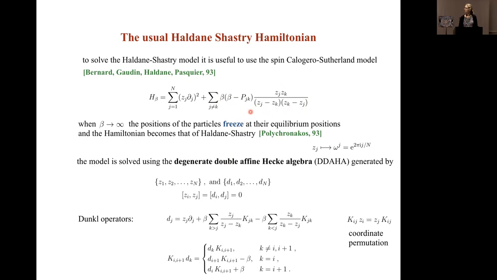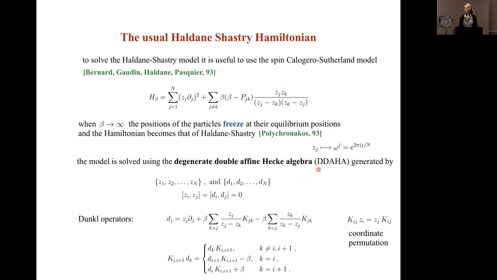And how is this model solved? You use this double affine Hecke algebra when you send the deformation parameter q to one.